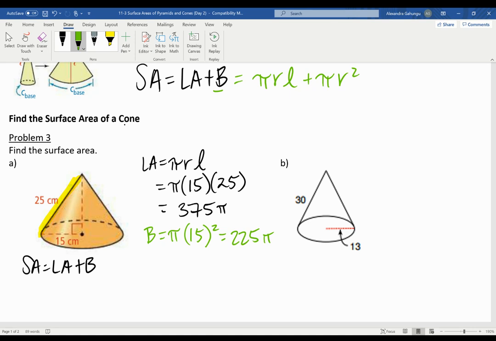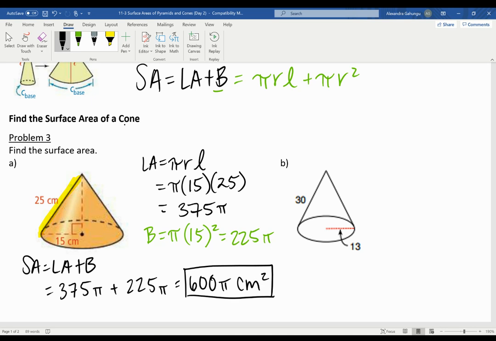So let's find our surface area by taking our lateral area plus the area of our base, and we'll get 600 pi, and our units are squared. We're talking about area, and there we go.